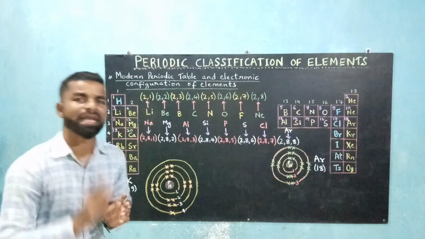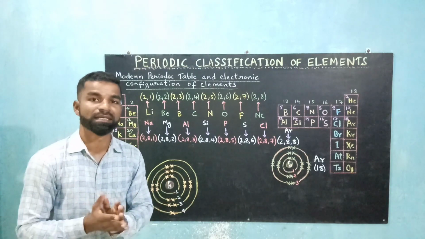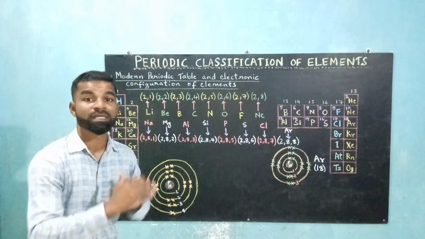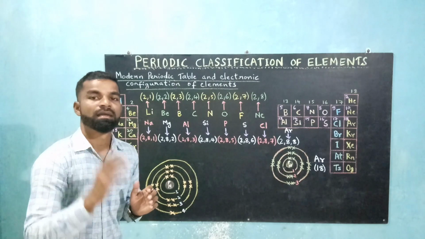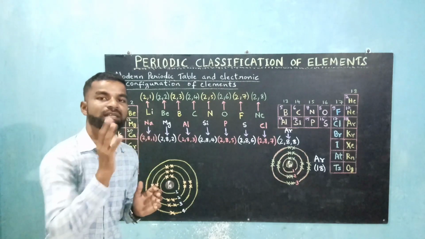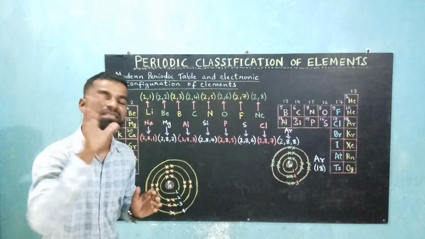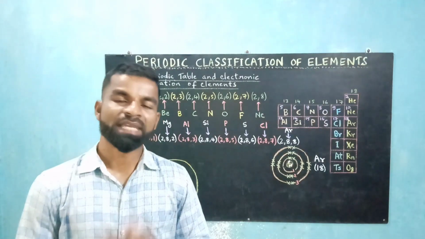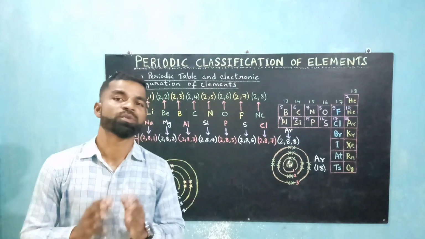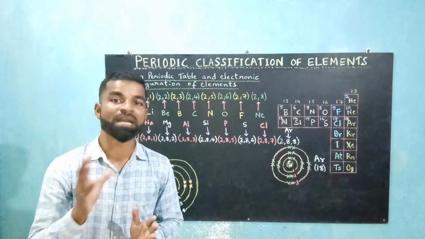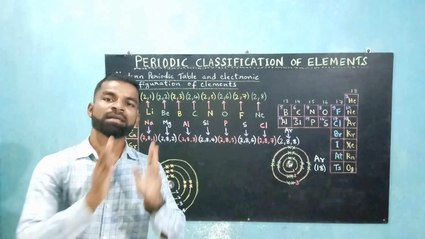So these are the two characteristics of a period. The number of valence electrons increase by 1 as we go from left to right within a period, and the number of shells remain the same. So we can say that the elements with the same number of shells occupied by the electrons belong to the same period.